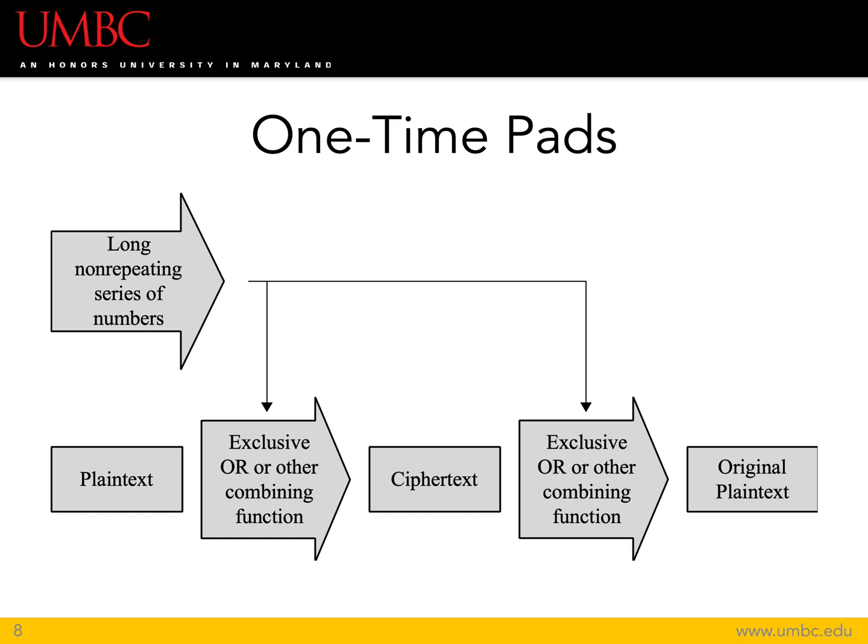I would use sheet number 1 to transmit message number 1. You would use sheet number 1, which is identical because we met and made sure they were identical, to recover message number 1. And then for the second message, we'd both do the same thing. Maybe you're sending me a message for that second message. I would just use the second sheet in my one-time pad. But you have to have that physical transfer very early on in the process, or in some kind of secure fashion.